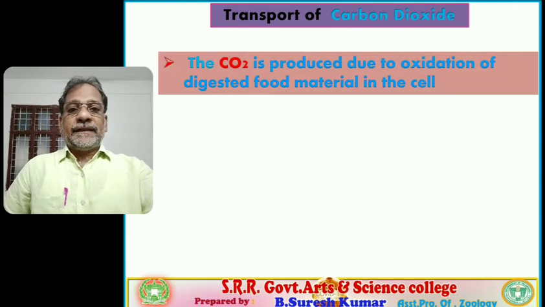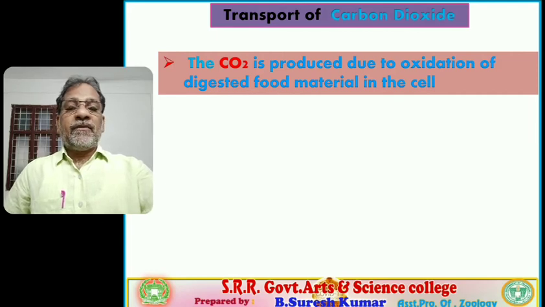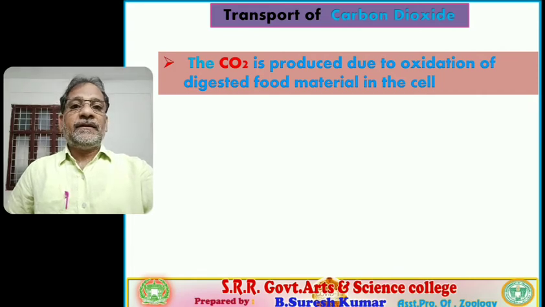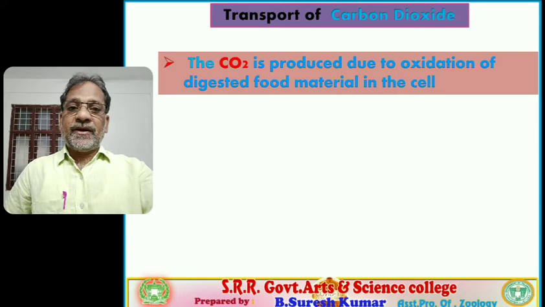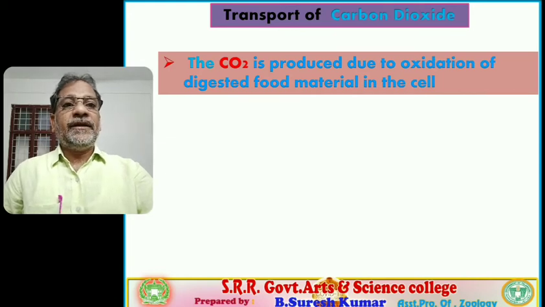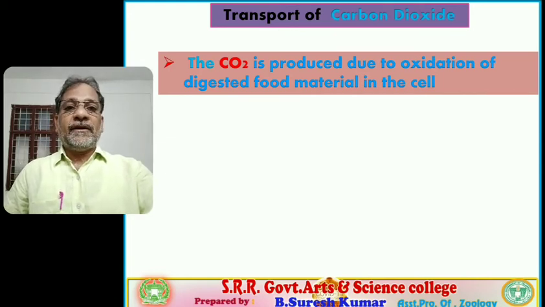The carbon dioxide is produced due to catabolic reactions in our cells. For example, the digested food material undergoes cellular respiration and yields energy. During that time, carbon dioxide is produced. So by the oxidation of digested food material, what is yielded? Carbon dioxide.